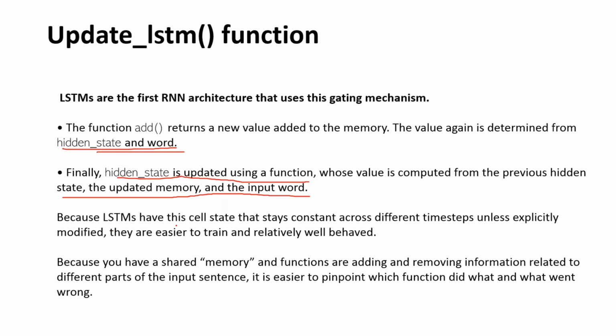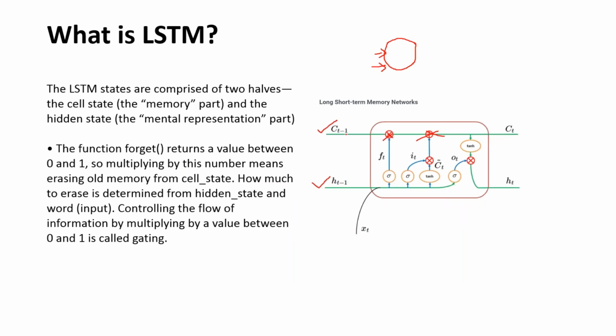Because LSTMs have this cell state that stays constant across different time steps. If you see here the cell state, that cell state is basically constant over the complete time step. Whatever happens in the complete time step, it will be constant.